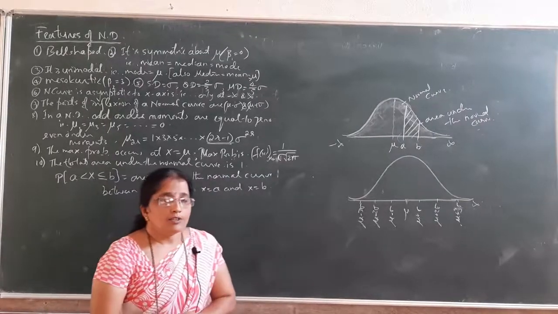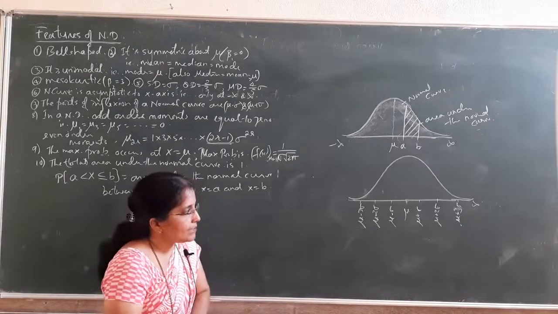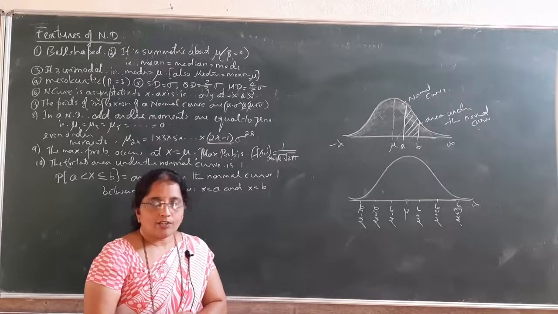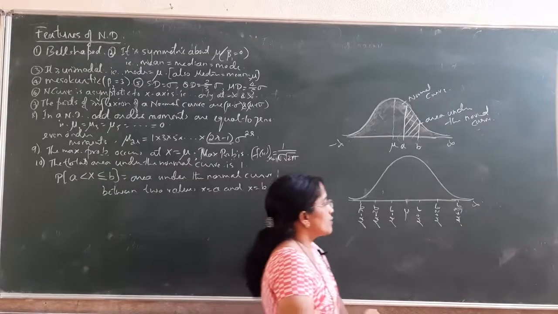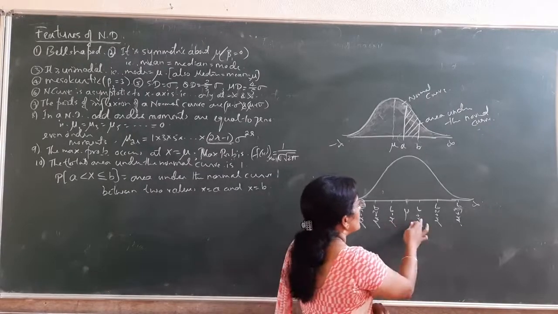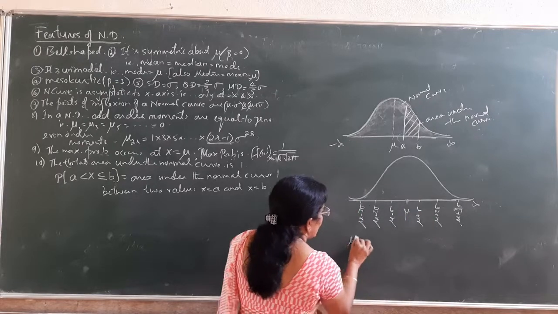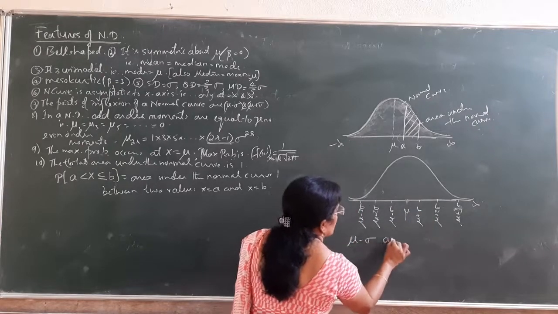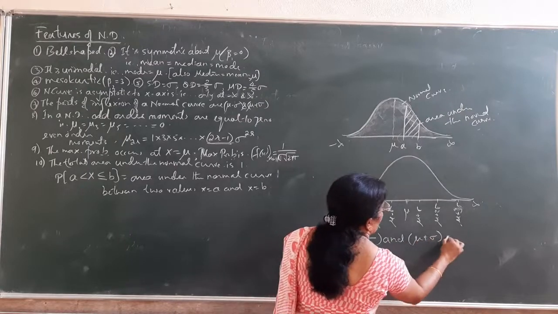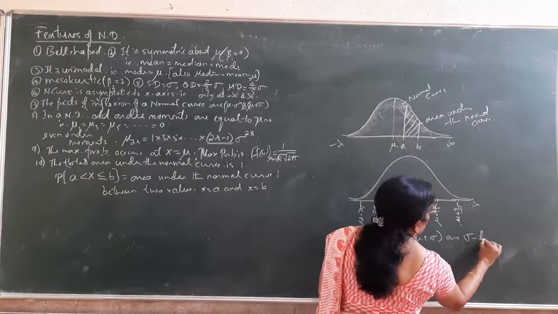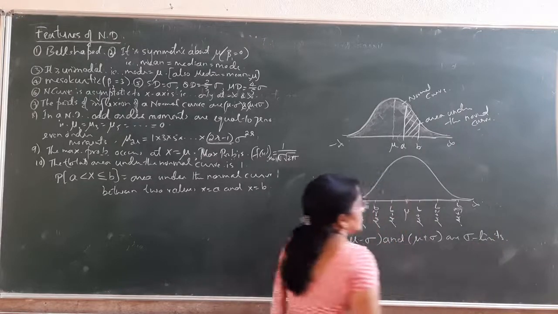Those points look like the neighbors of mu, right? So, in a normal distribution, mu minus sigma and mu plus sigma are considered as sigma limits.